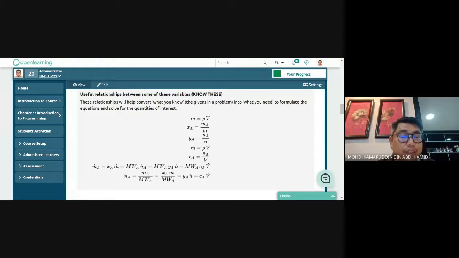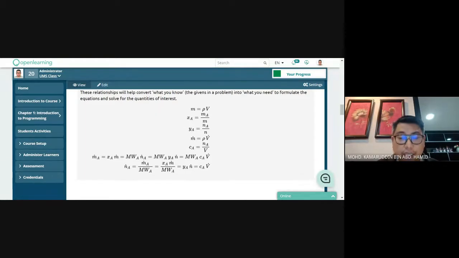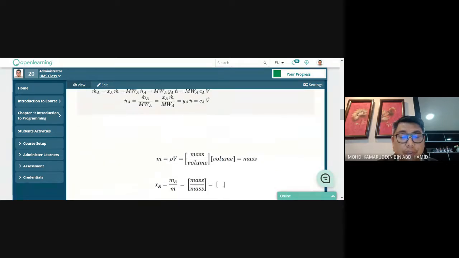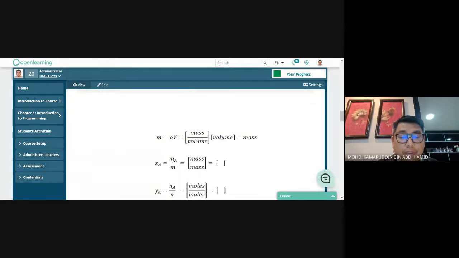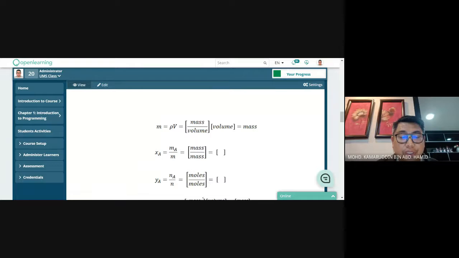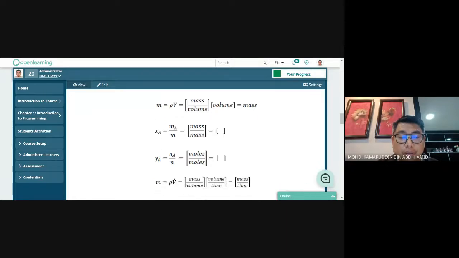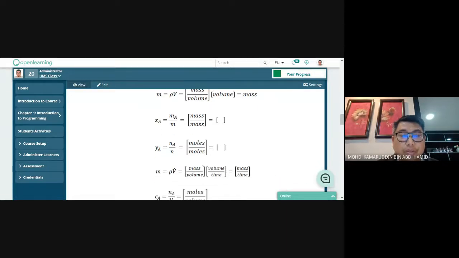You can do some simple exercise now. For example, I'll give you some examples of this first. Since it's mass over mass, it's a unitless variable. There is a mass over time also there.